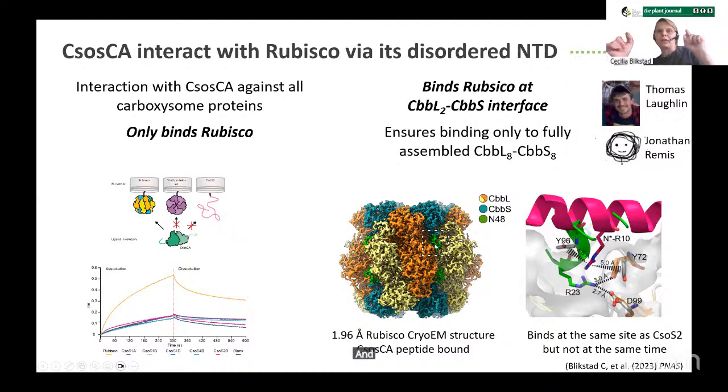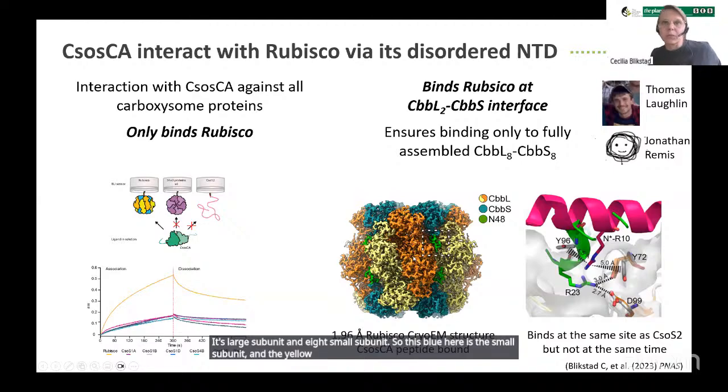Rubisco is an octamer, so it has 8 large subunits and 8 small subunits. This blue here is the small subunit, and the yellow-orange is the large subunit.